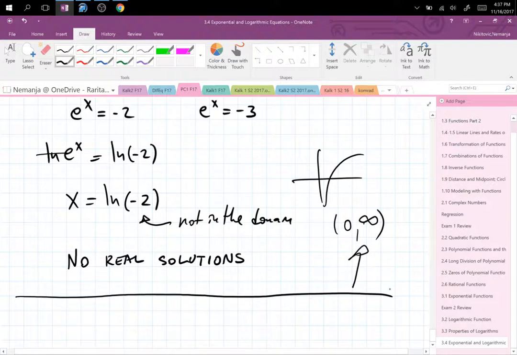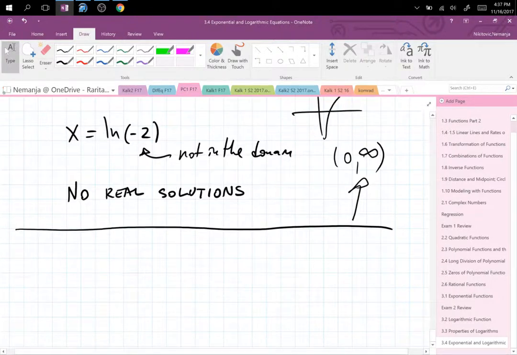That's okay. Let's talk about logarithmic equations, see if that's going to make it better. I hope it will. So logarithmic equations.